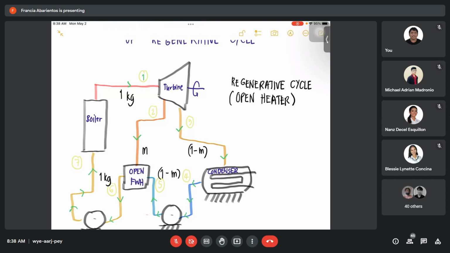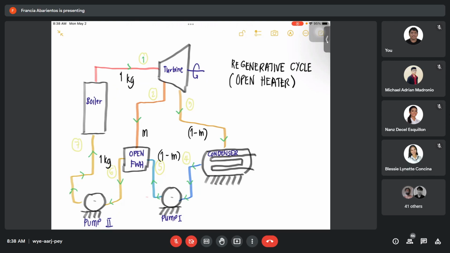Ginawa itong device, or yan na tinatawag nating feed water, is heated by regeneration. Yan. Regeneration yan, class. Ang tawag na dyan is the regenerator or yung feed water heater natin. Okay? Regenerator or feed water heater. Or makikita nyo sa mga symbol, yung feed water heater natin is always FWH.